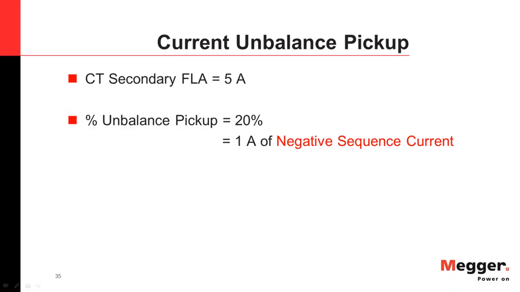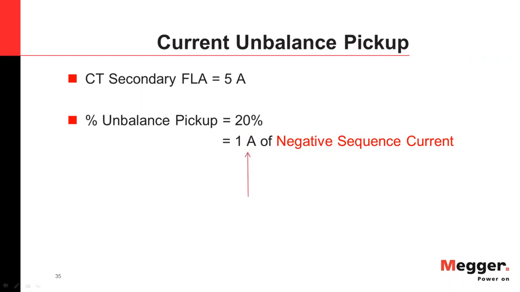As I again said, that 20% is not related to my phase currents. It is related to my negative sequence current. So if you take 20% of 5 amps, the full load amps, you will get 1 amp of negative sequence current. So I'm saying my negative sequence current is my unbalance, to make it more clear.